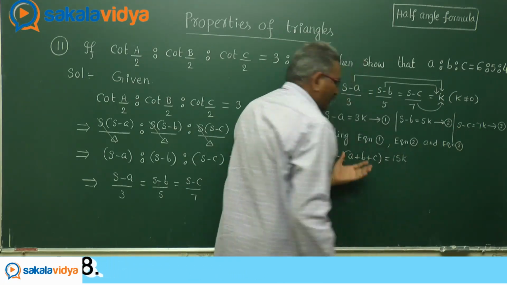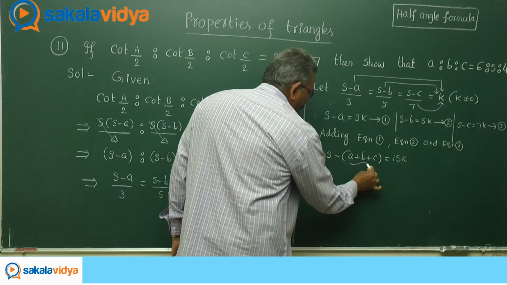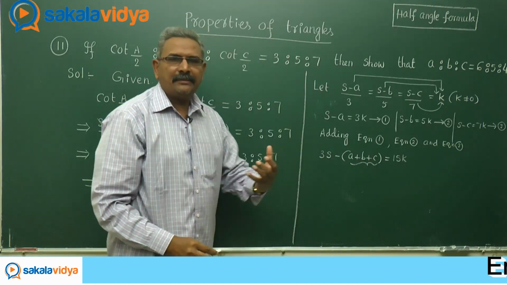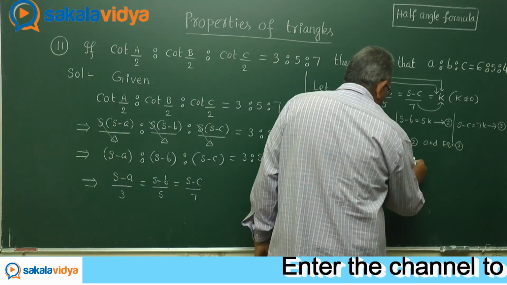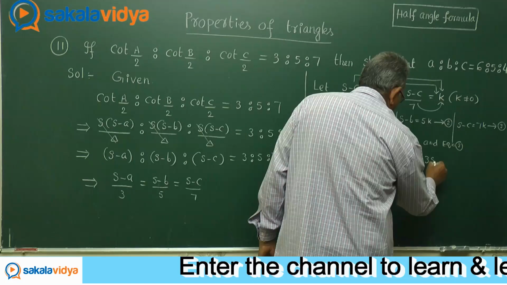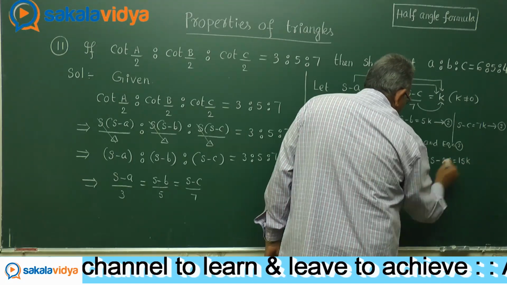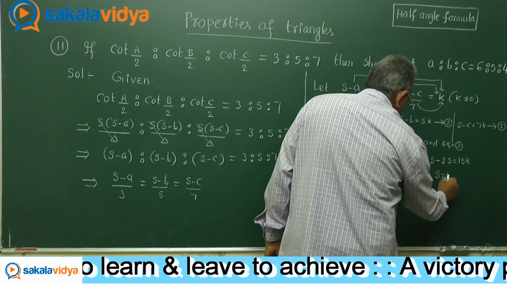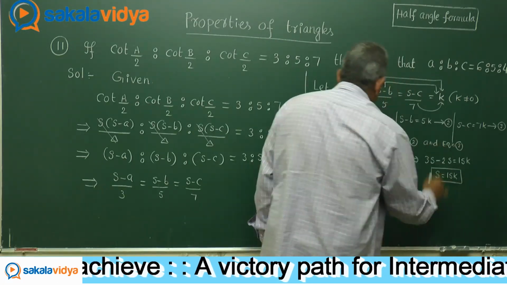Now a plus b plus c is replaced by the perimeter of the triangle, 2s. So we get 3s minus 2s equals 15k, that means s is equal to 15k. We get the s value.